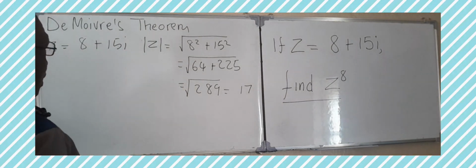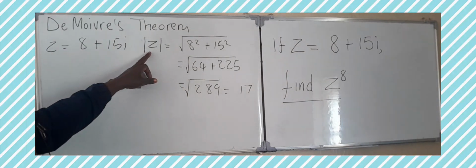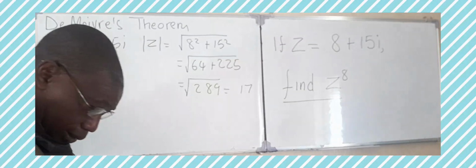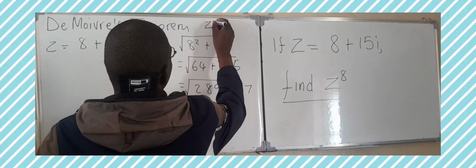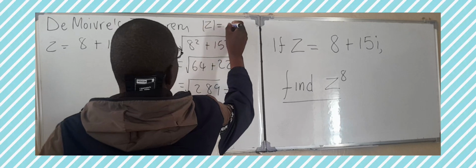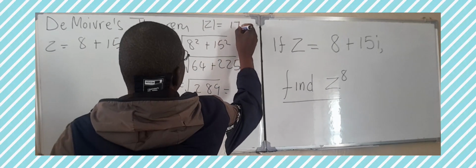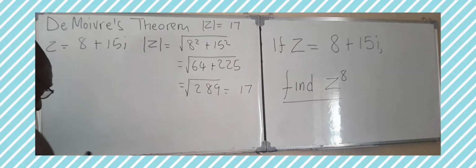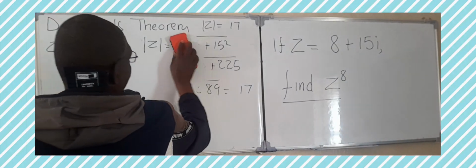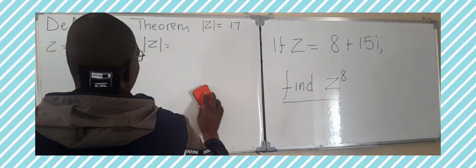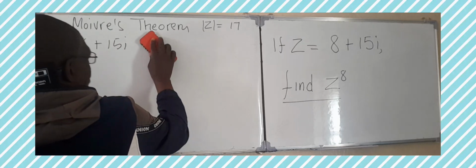So what it means is that the modulus of Z is equal to 17. Let's write it here somewhere because we are going to need it. The modulus of Z is equal to 17, so that we can get rid of these calculations down here.